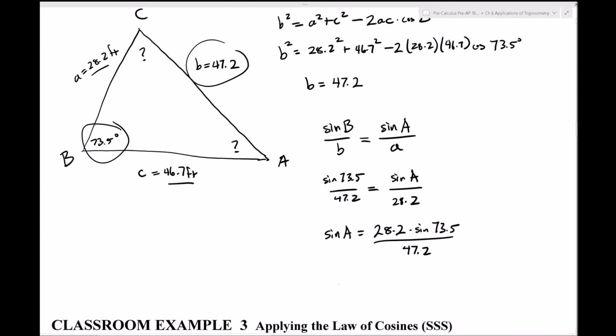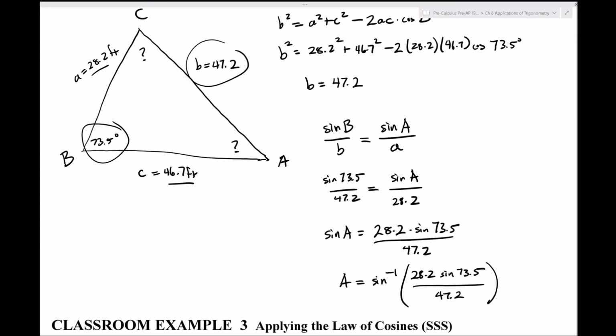And you solve for a by taking an inverse sine of all of the stuff to the right. So inverse sine of 28.2 times sine 73.5, all divided by 47.2. And I got to type all that into my calculator.